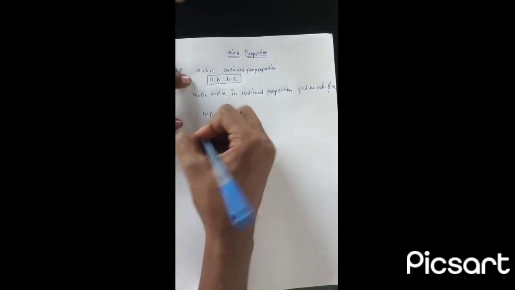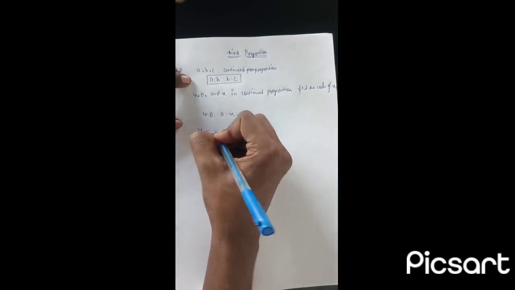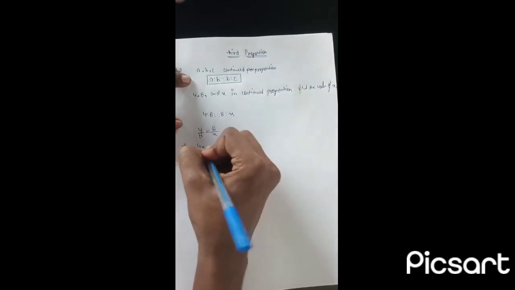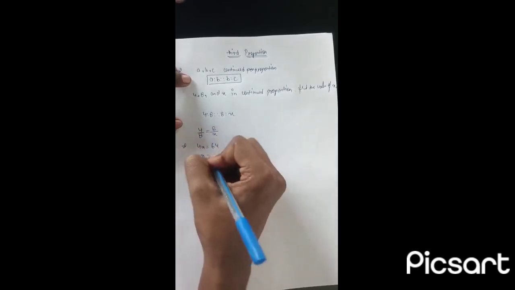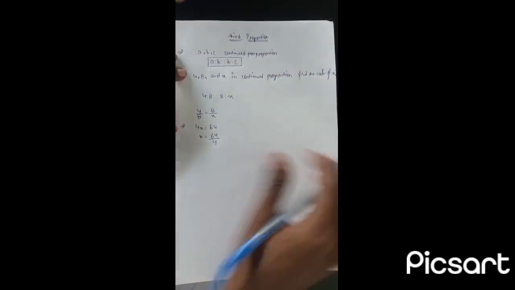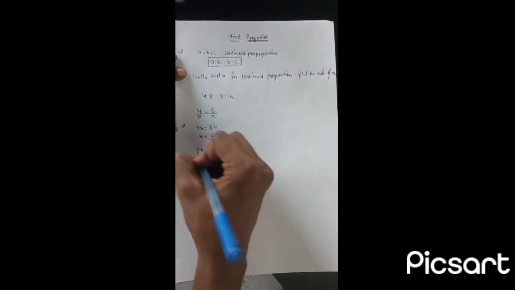So from here we get 4 upon 8 is equal to 8 upon x, that is 4x is equal to 64, x is equal to 64 by 4, that is x equals 16.